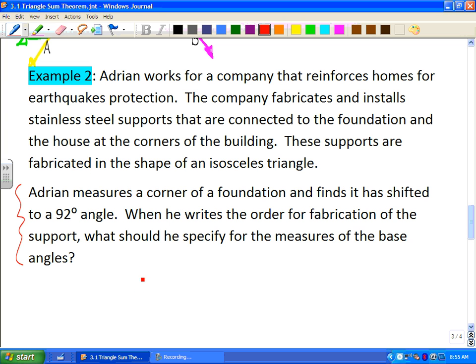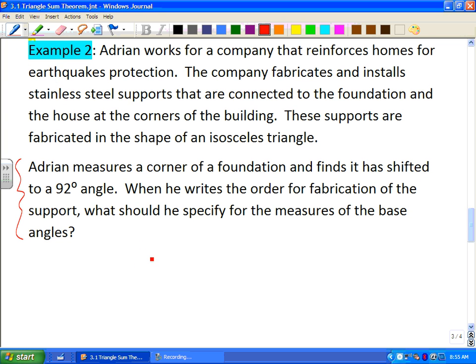Now, here's what it's going to look like. You have these concrete bricks at the corner of your house. Normally they use these concrete bricks and then they put them in, and that's the foundation for your house. But when you build a house in an earthquake-prone area, which seems to be everywhere these days, what they do is they come in and they put in a metal triangle support.